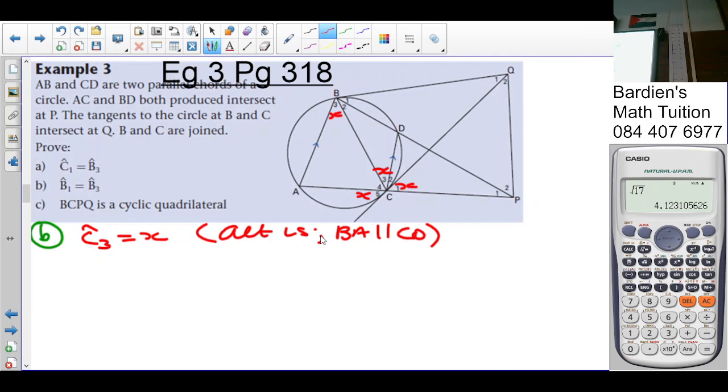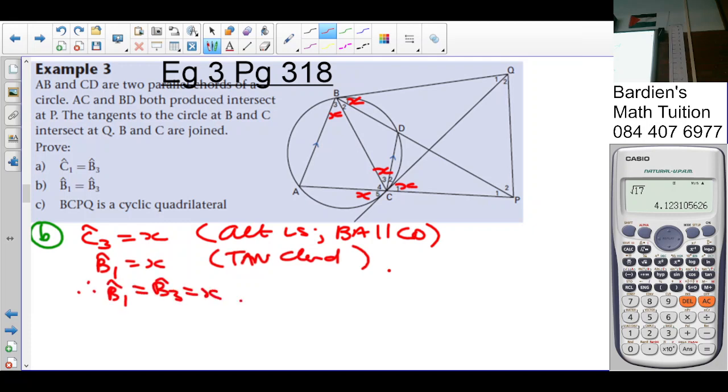Then B1 is equal to C3, which is X. Why is that X? Tan chord theorem. So therefore, B1 is equal to B3, which is equal to X. Any confusion here? You all understand?